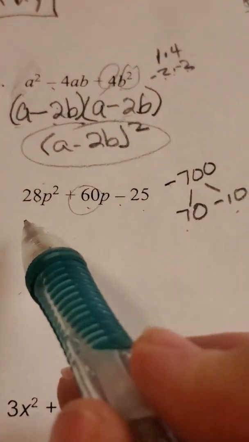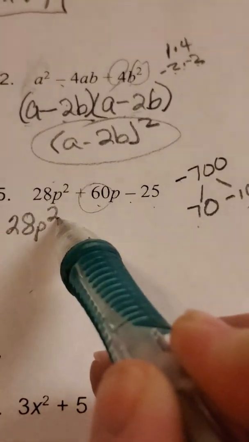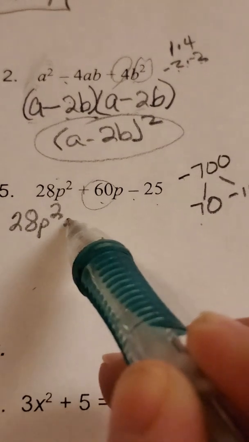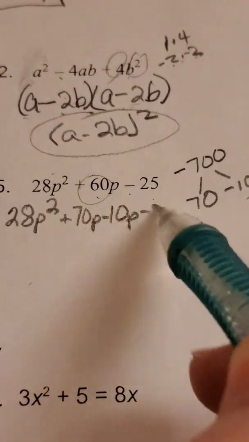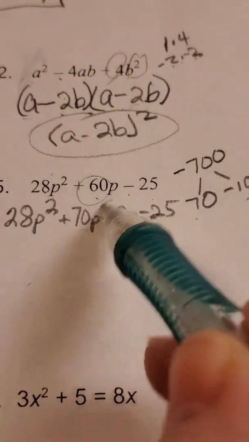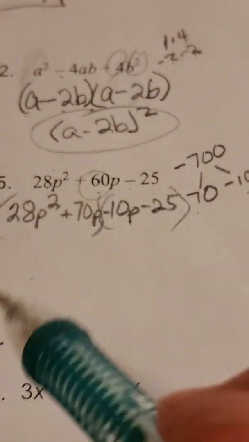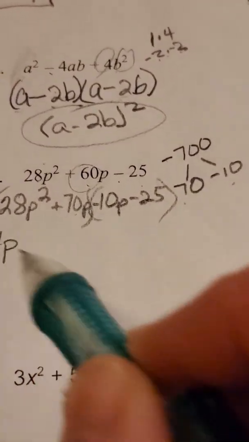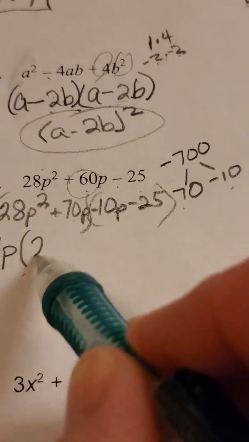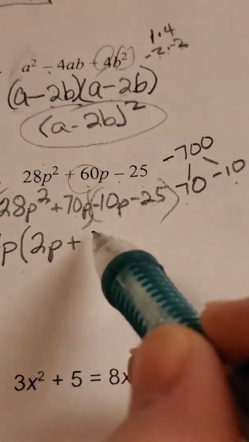All right, so I rewrite this equation: 28p squared, and then plus 70p minus 10p minus 25. Okay, and we put these together, and we put these together. And I can factor out a 14p out of this, and that leaves 2p plus 5.